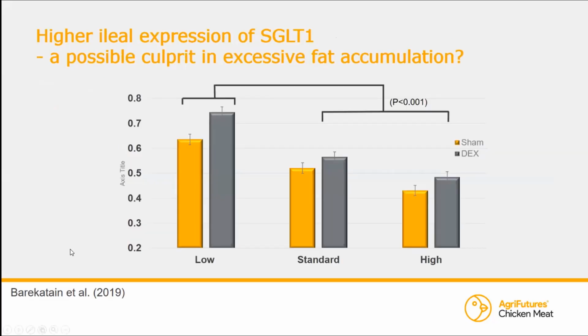But what I want to specifically mention about this study is basically we found that in the birds that were fed reduced protein diet, a higher expression of sodium-dependent glucose transporter, which is one of the main glucose transporters in the animals, and we've hypothesized that this might be one of the main reasons, or at least one of the contributing factors to excessive fat accumulation in the birds that are fed with reduced protein diets.